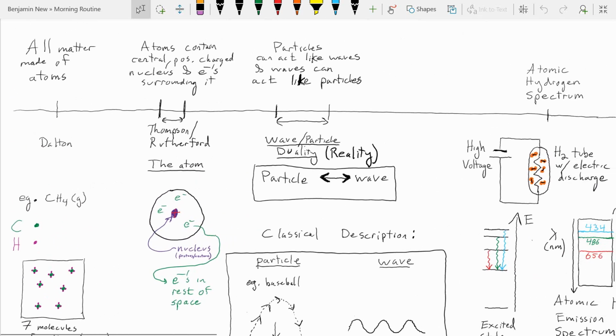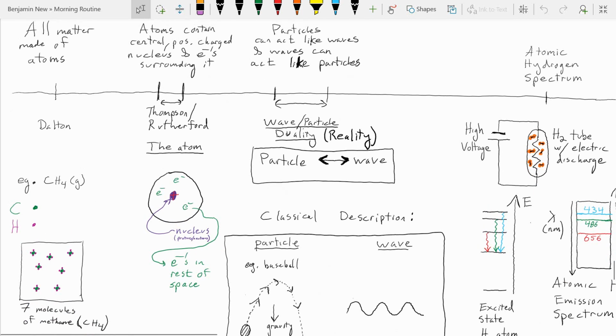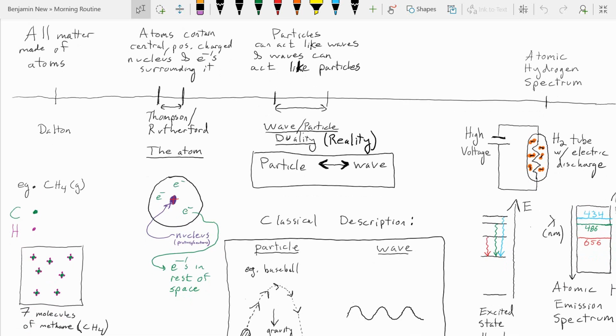The next obvious step really was, well, what are the atoms composed of? And what's inside that atom? And then also, what holds the atoms together, and how do we understand that? And so the secret to that lies in what are called subatomic particles.